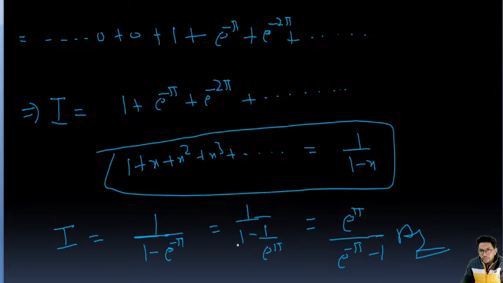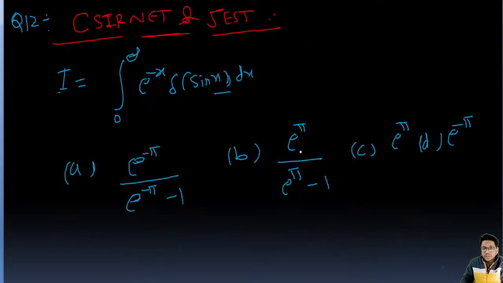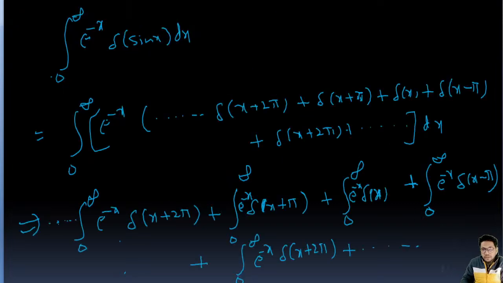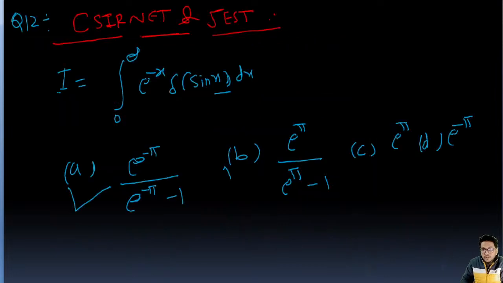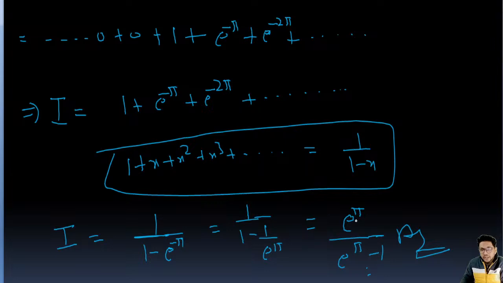Sorry, this is e to the power pi. So this is the answer, guys: e to the power pi upon e to the power pi minus 1. Which option is matching? Option A? No. Let me check. e to the power pi upon e to the power pi minus 1, this one, option B is the correct one. So option B is the correct one, and this is the answer.